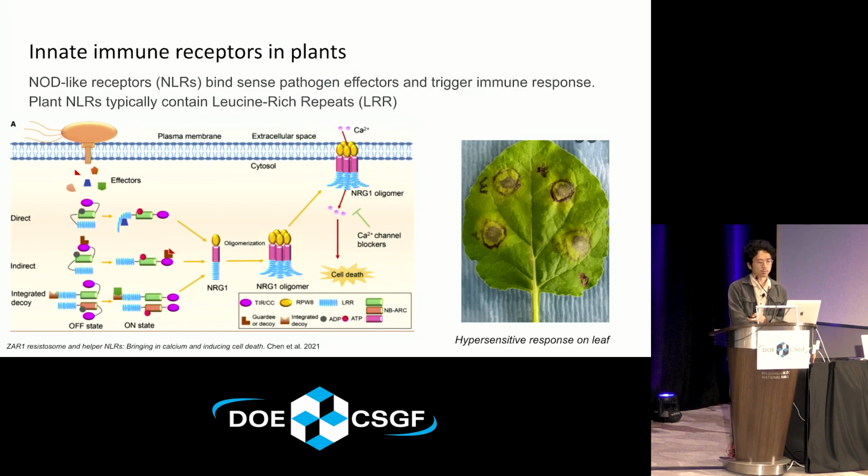My lab at Berkeley studies immune systems in plants, and a significant component of the plant immune system is mediated by these proteins called NOD-like receptors, which I'll refer to by the acronym NLR. So NLRs are responsible for binding to proteins called effectors, which are secreted by a pathogen.